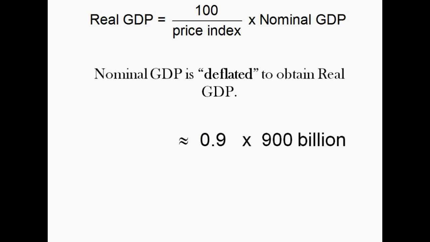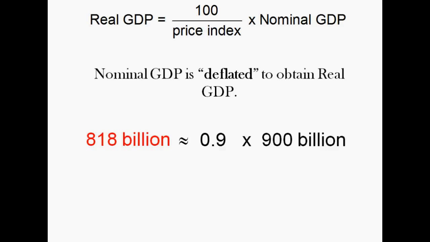Which we can rewrite as 0.9. So 0.9 times 900 billion gives you 818 billion.